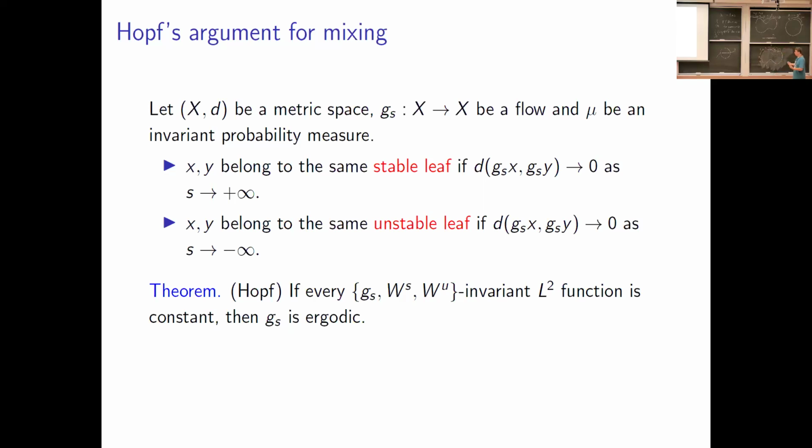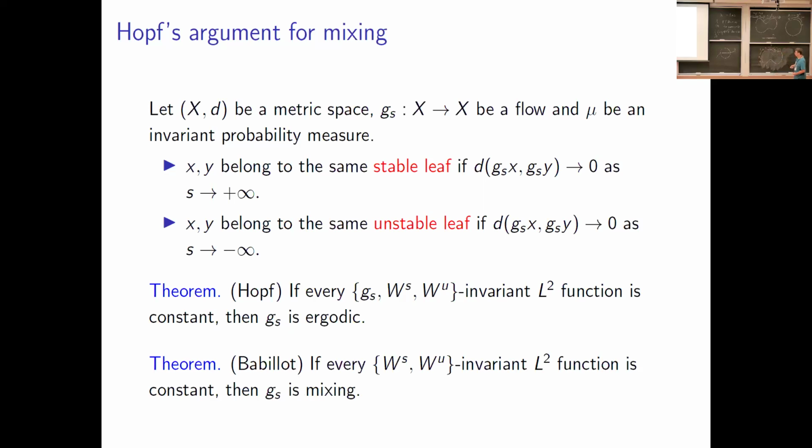Now, mixing is a stronger condition, and Martine Babillot showed that, this time, you're not allowed to use the flow. You are allowed to use only the stable and unstable foliations.